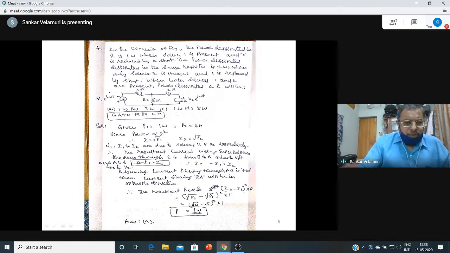The resultant current using superposition theorem through R is, due to V1, from A to B, and due to V2, from B to A. So the resultant current I is minus I1 plus I2, not both negative.